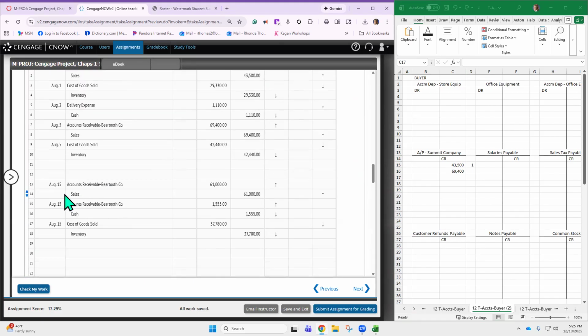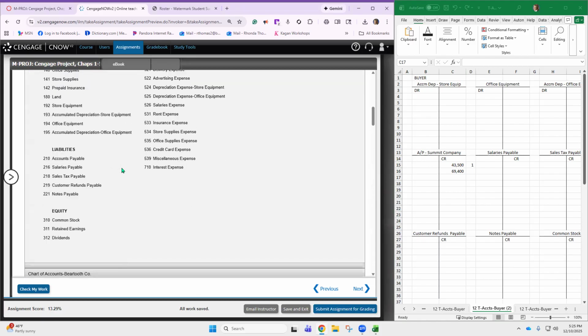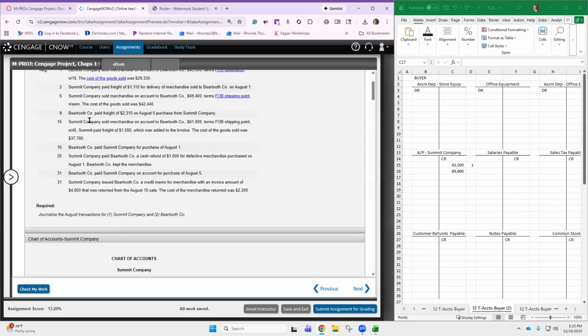Let's see what's next. I think we better get this stuff out of here, but I think this is going to go next. So all we may have to do is just bring this up one row, one set of rows. So, okay, we just did August 5th from both sides. Now Beartooth paid the freight. Now this one is going to be a buyer's entry only on August 9th.